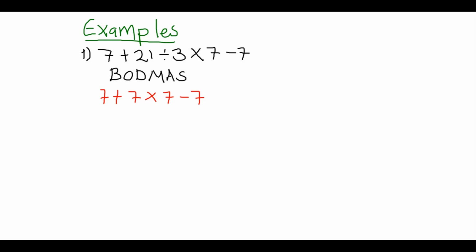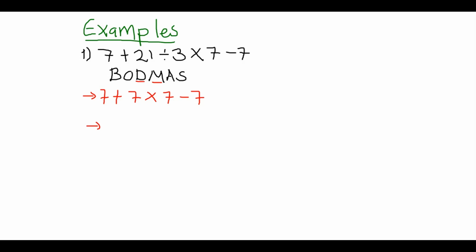So that's the first step. The first step we talk about, we have divided 21 by 3. Second step: division has gone, so we go to multiplication. Do we have multiplication? Yes, we have. These two numbers are multiplying, 7 multiplied by 7.